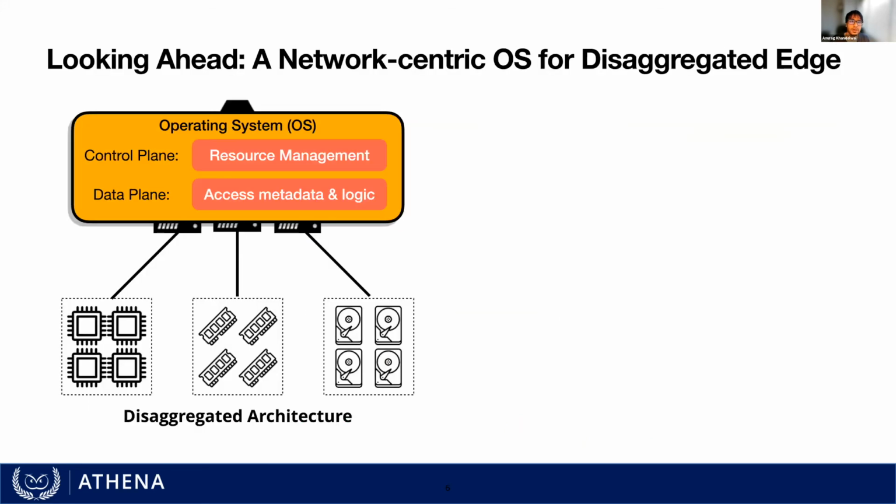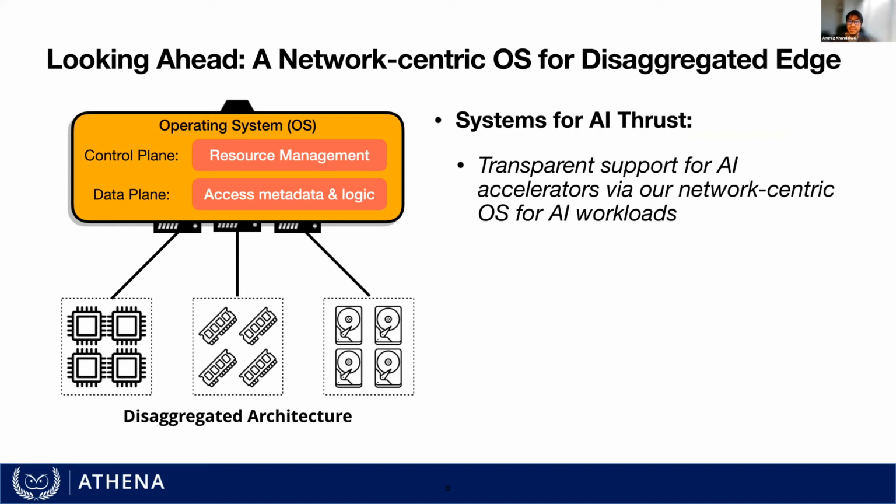All right, so looking ahead, there is a lot more to be done to realize this vision. And I'm going to categorize them in the context of the Athena project in two main subthrusts. The first subthrust is the systems for AI thrust, where we design systems that facilitate AI workloads efficiently in the edge data center. And the high-level goal is to provide transparent support for AI accelerators via a network-centric operating system for AI workloads.